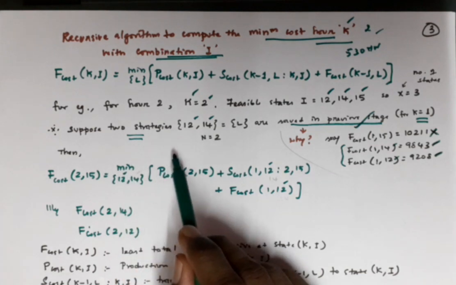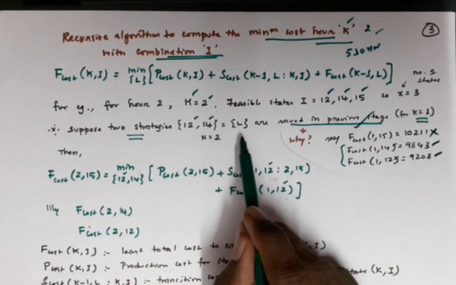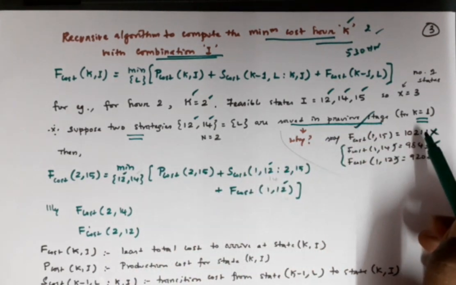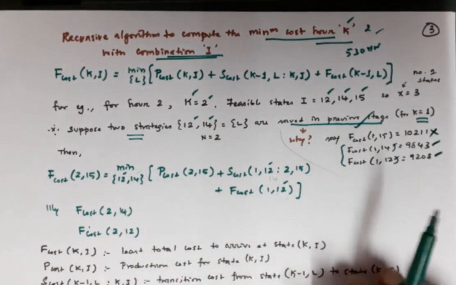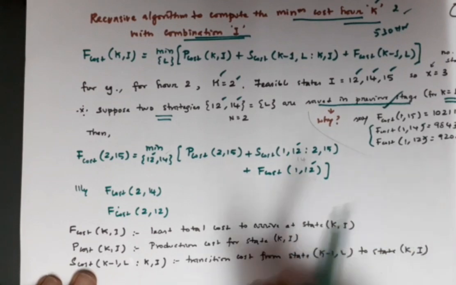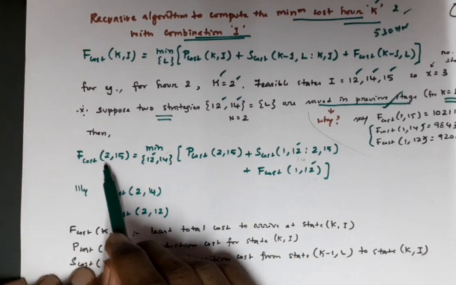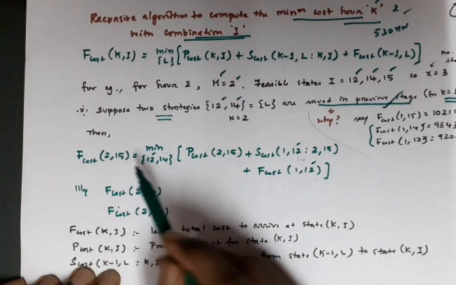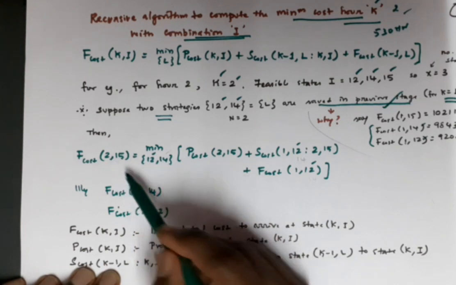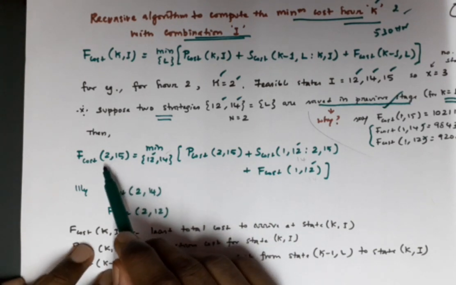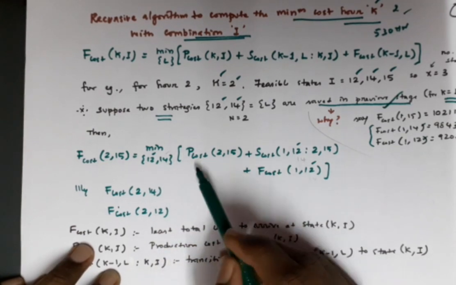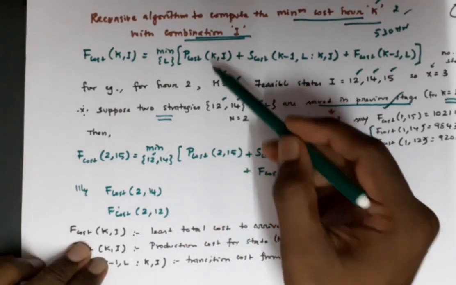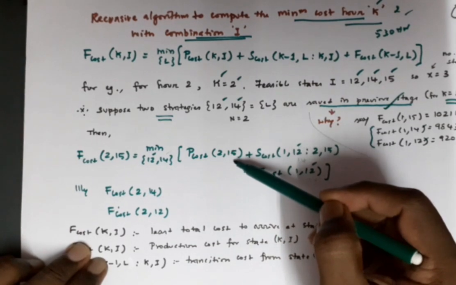So two strategies, 12 and 14, which is nothing but L, are saved in the previous stage. We can take N equal to 2. Then substitute for F cost of the second R, with feasible states 15, 14 and 12. Here k is 2, so you have to find F cost 2, 15, as the min over 12 and 14. P cost of k equal to 2, I equal to 15.